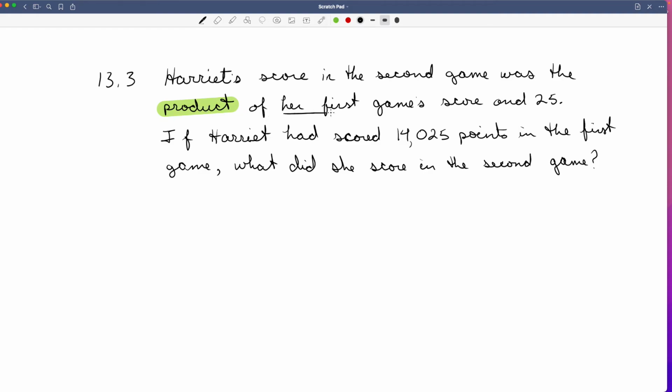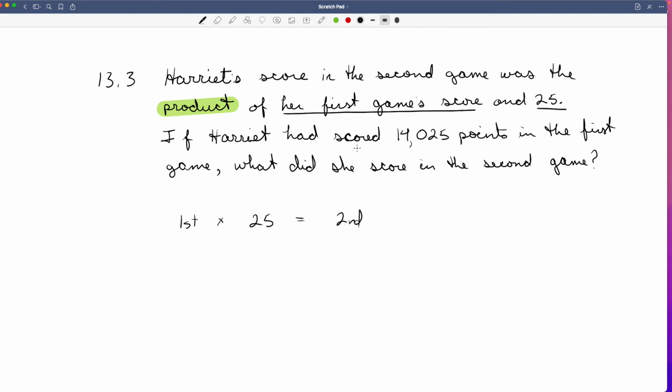So her first game score is one factor, and 25 is the other factor. Okay? So we can say her first game times 25 equals the second game score. That's kind of our formula right here, because that's what product is telling us.